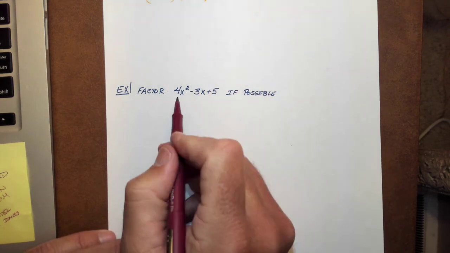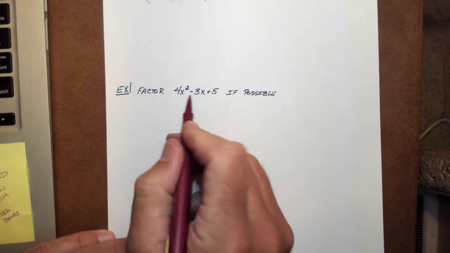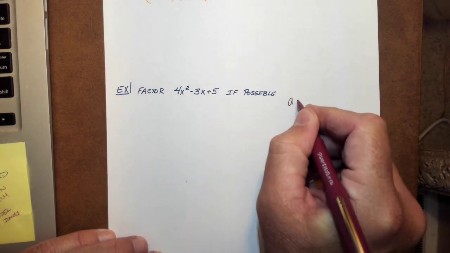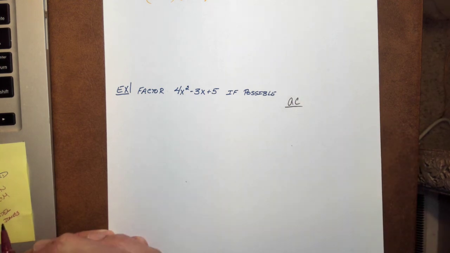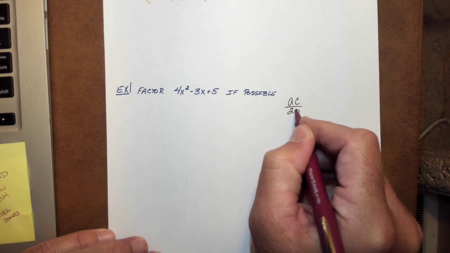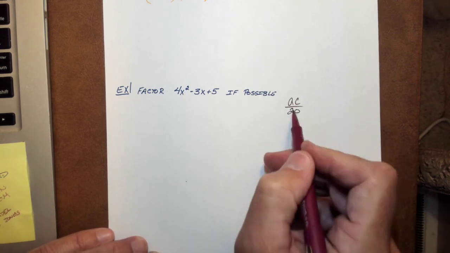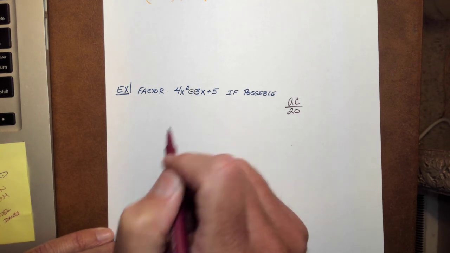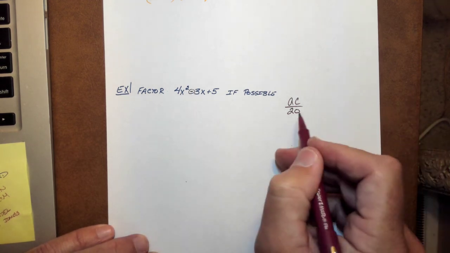So let's look. All right. Quadratic trinomial, check. A is something other than 1, so that means AC it is. So we have to take 4 times 5. We get 20. So we need two factors of positive 20, but they have to add up to be what? Negative 3. So what does that tell us to use?